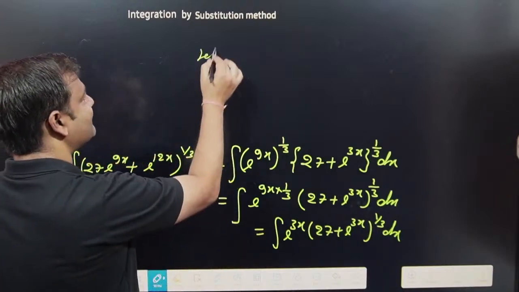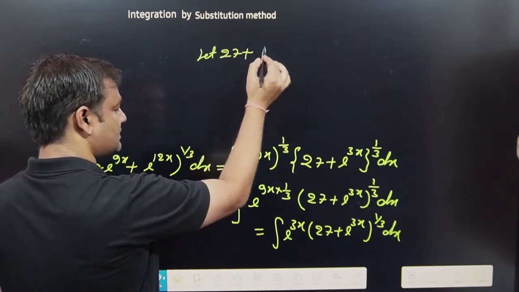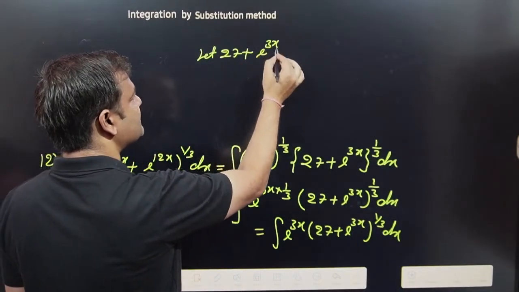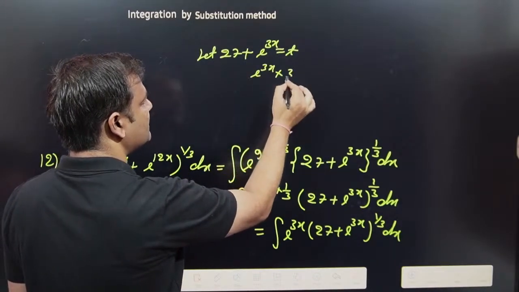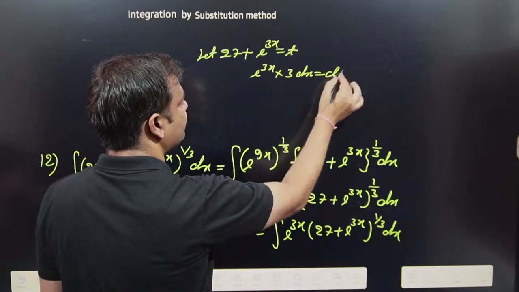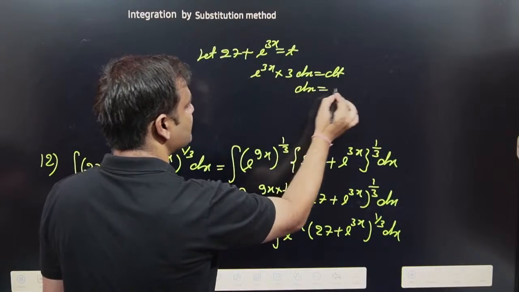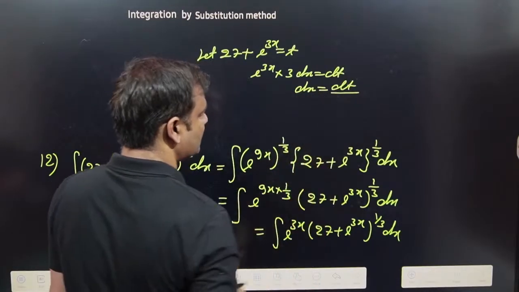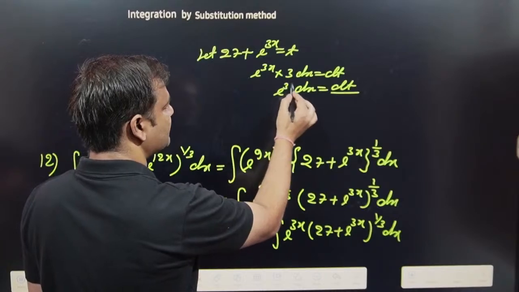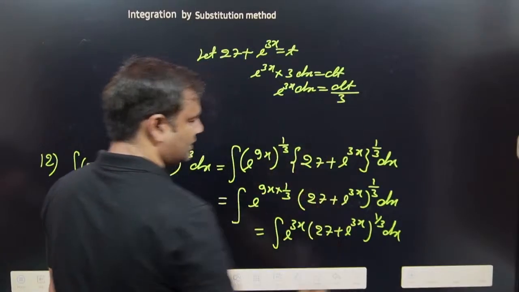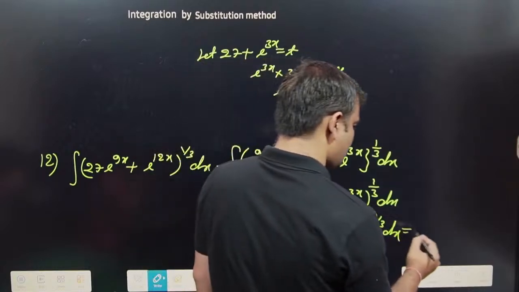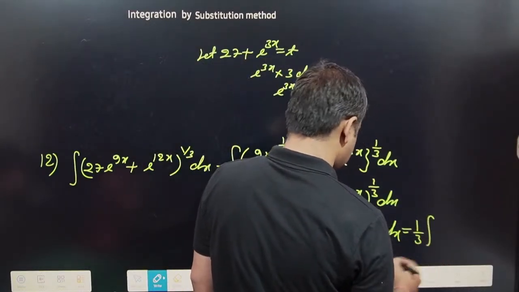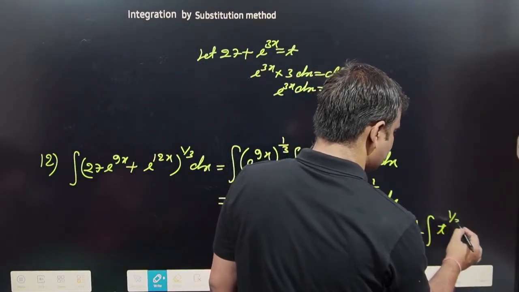Now let 27 + e^(3x) be t, so e^(3x) into 3 dx is equal to dt. So e^(3x) dx is replaced by dt/3. So that is written 1/3 t^(1/3) dt.